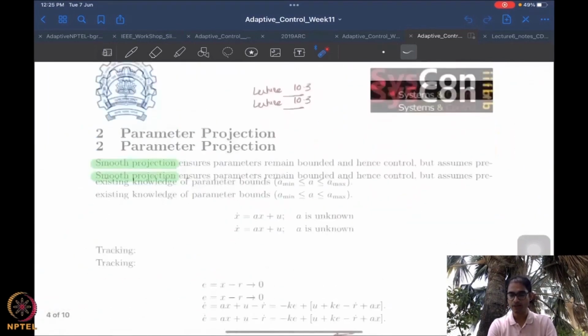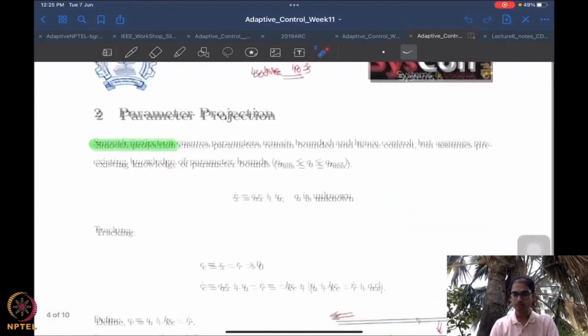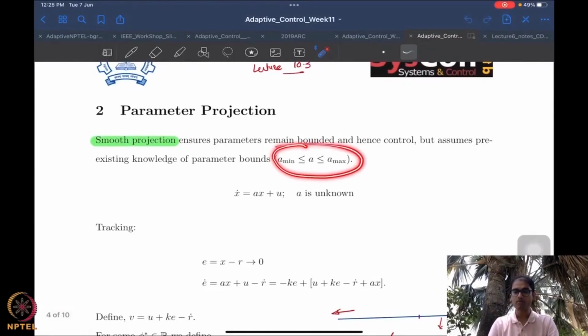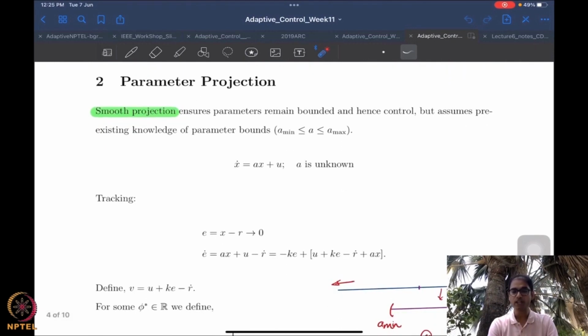So the idea is, if I do know what the bounds on my parameter are, then I implement a projected adaptive control law, which means that you ensure that your parameter update stays within these bounds, because of course, since the true parameter value is within these bounds, it makes very little sense to try to search for this true parameter value outside these bounds.